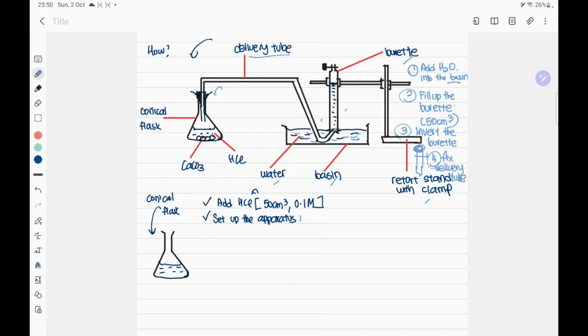And the next step is you need to weigh large marble chips, about 5 gram, and put them into the conical flask. You put the large marble chips here into the conical flask.